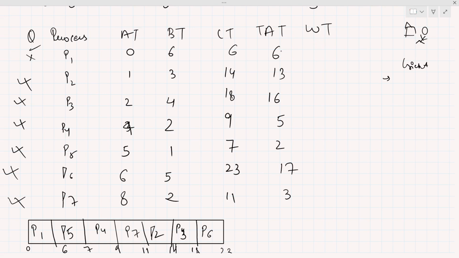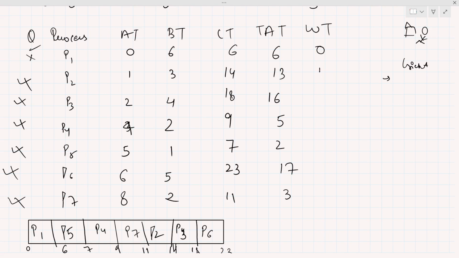Now waiting time, which is turnaround time minus burst time. Waiting time is how much time a process waits, for an IO event or for any reason, how much time the process is going to wait for the CPU. So this is what waiting time is. So 6 minus 6 is 0, meaning P1 waits for nothing, because P1 is the process that executes first, so definitely its waiting time is 0.